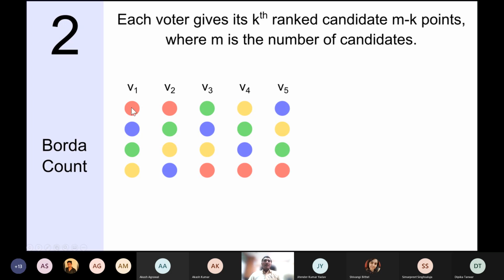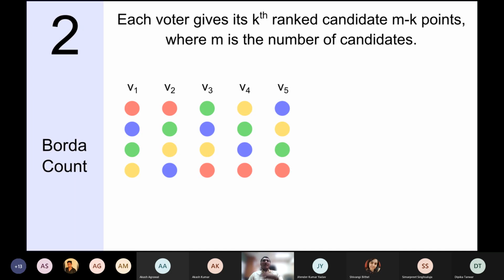For example, if you look at voter V1's vote, it ranks red at the first position. So from V1, the red candidate gets 4 minus 1 points, 3 points. You can also think of that as the number of candidates that are below red. That's how many points it gets from voter V1's vote. Similarly, the blue candidate will get 2 points from V1's vote, and so on.